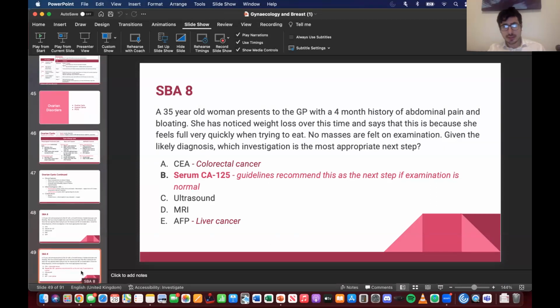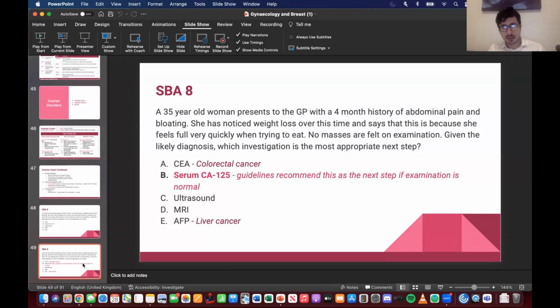So what we think could be going on with abdominal pain and bloating, with the weight loss and early satiety, is ovarian cancer. So what we do in primary care, the guidelines say to first measure the CA-125.